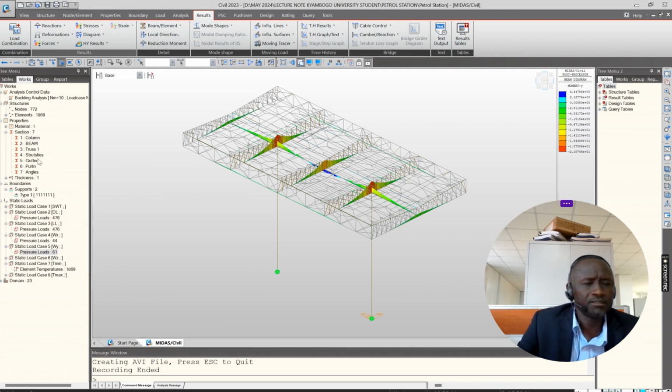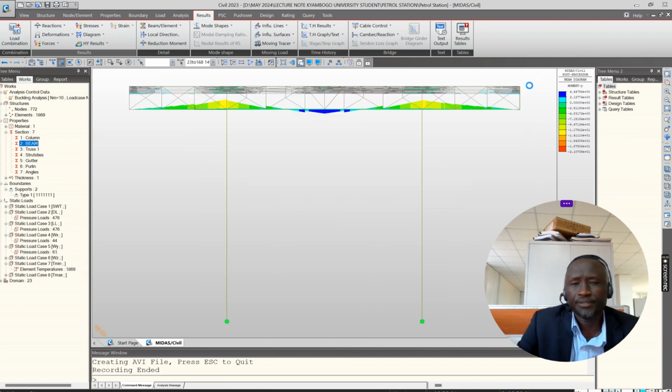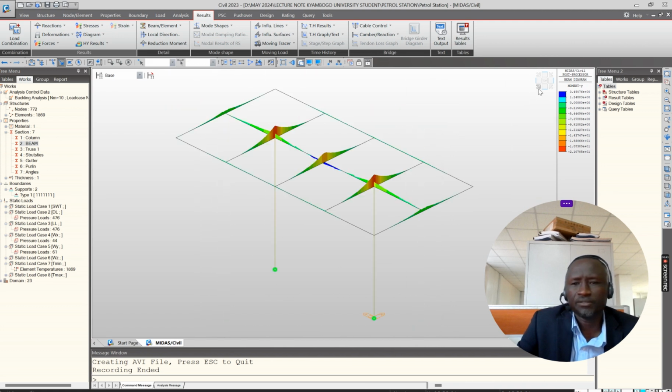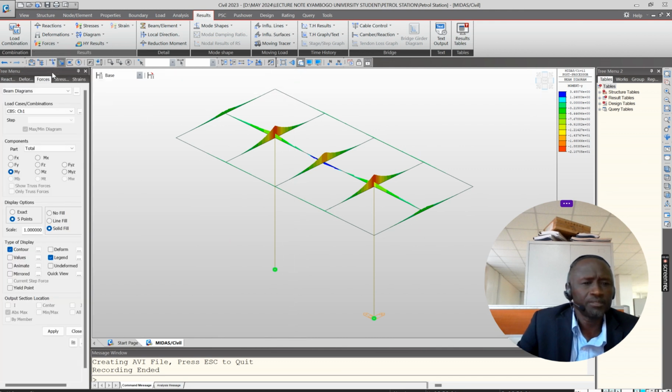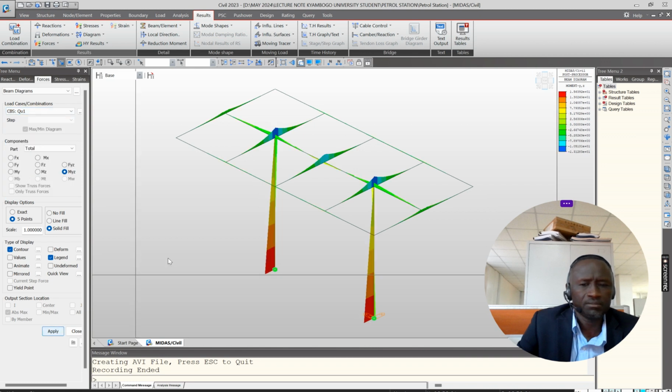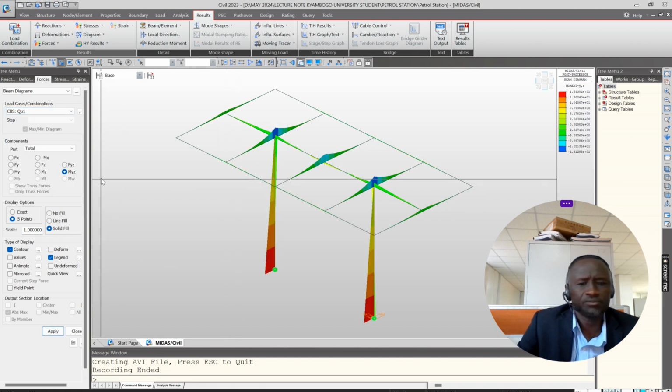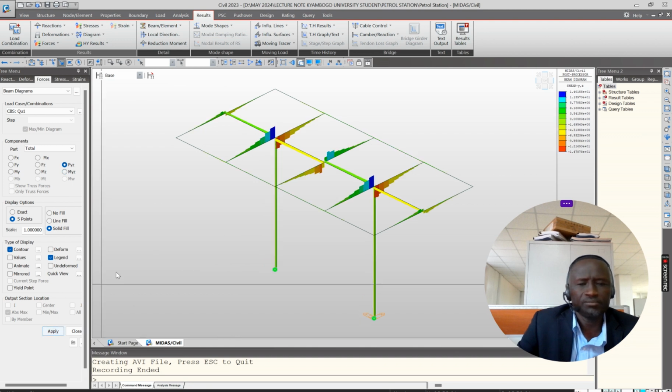I can easily look at the beam, then I give this column, and I'm able to look at the different loading. How will this structure perform if the wind is there? What happened? This is how our structure will be behaving.